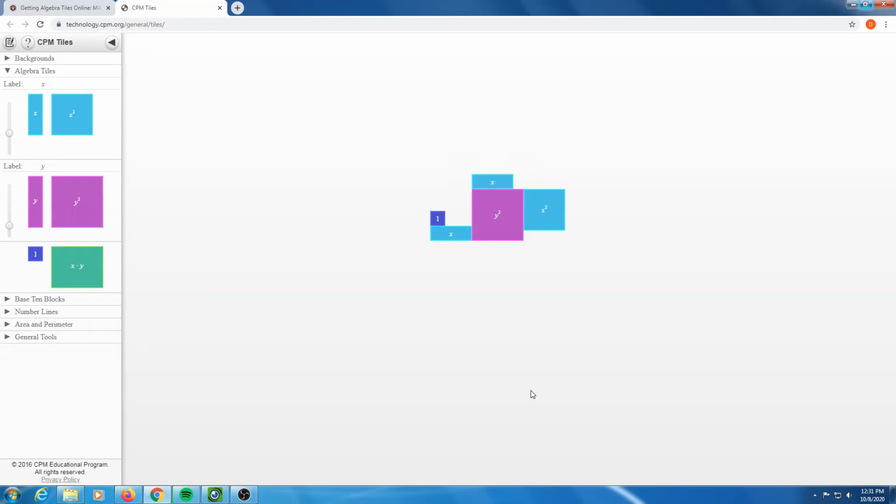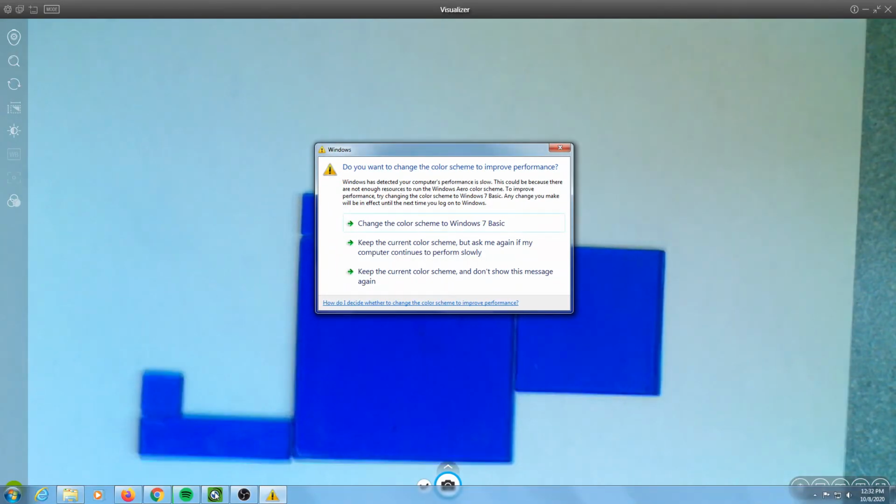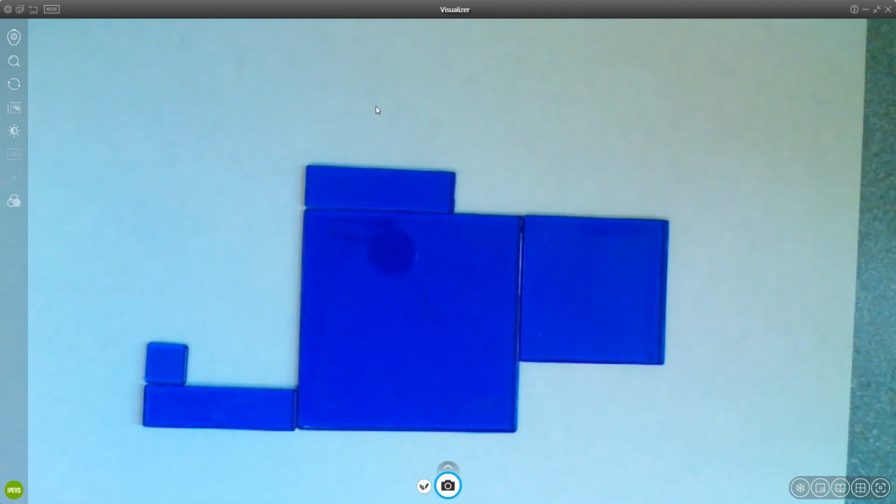I'm gonna build this using my tiles. Okay, if you're not finished yet, give the video a pause and see if you can work it out on your own.